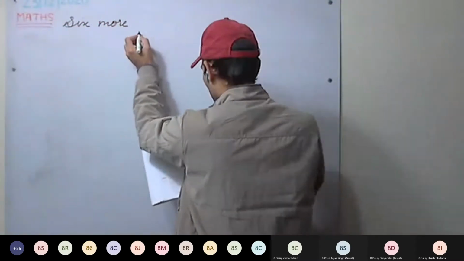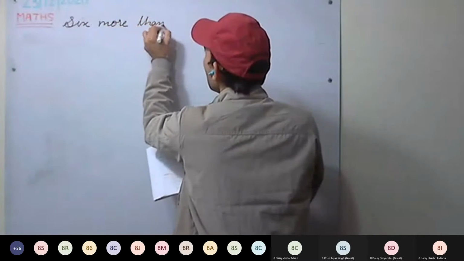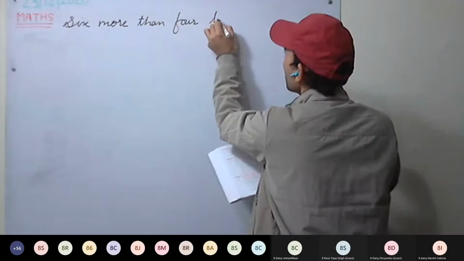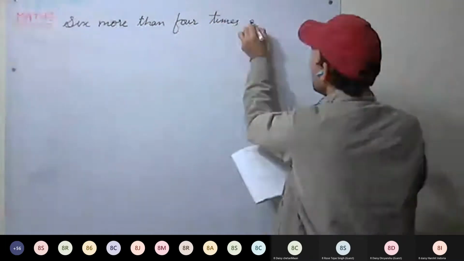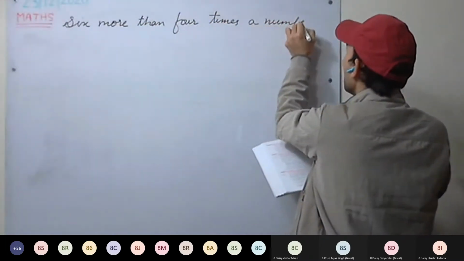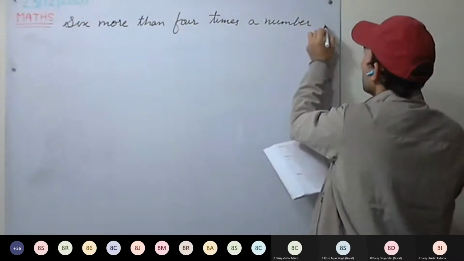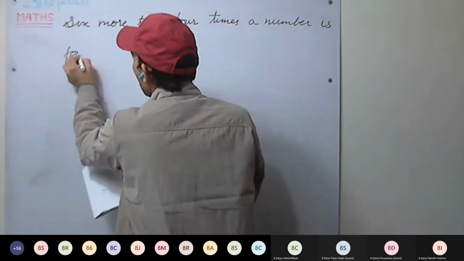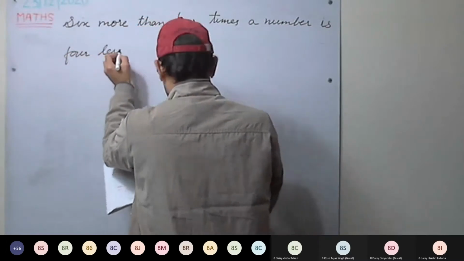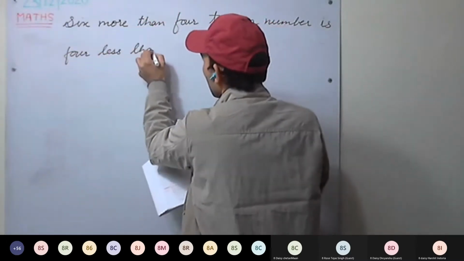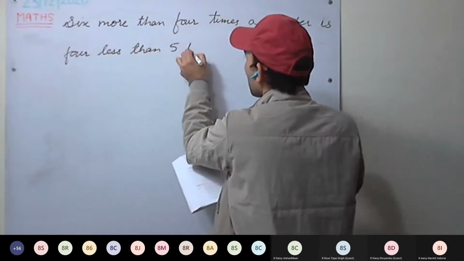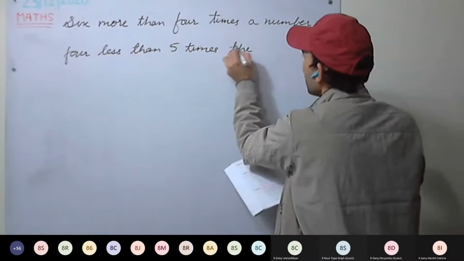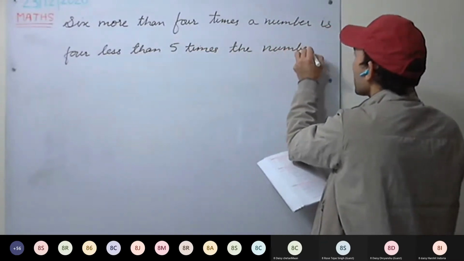Six more than four times a number is four less than five times the number. Okay, this is given and we have to find the number.